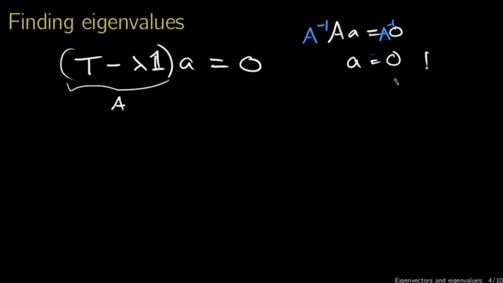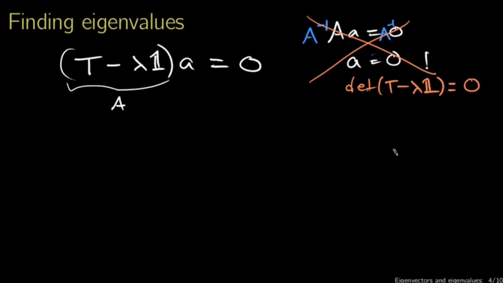The reason that we can have these vectors that are unchanged by transformations is that it's actually impossible to solve the equation like this. This doesn't work. And the reason this doesn't work is that if we have a not equal to 0, the only way this equation can have a solution is if the determinant of T minus lambda times the identity is equal to 0.